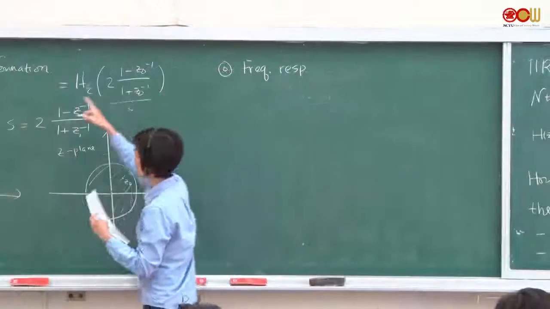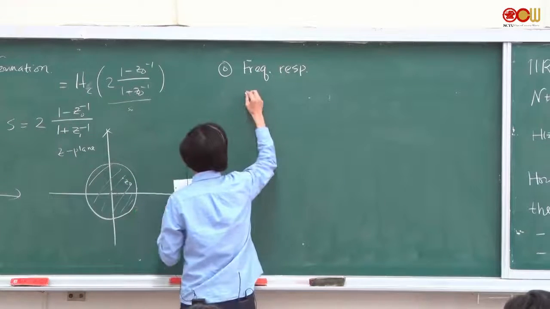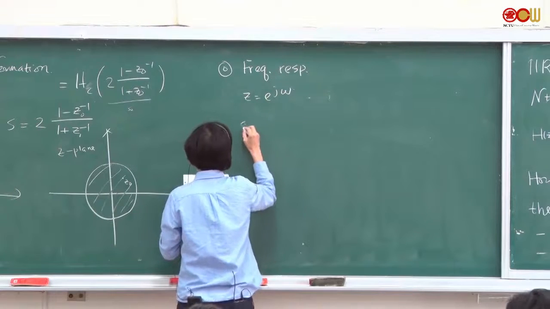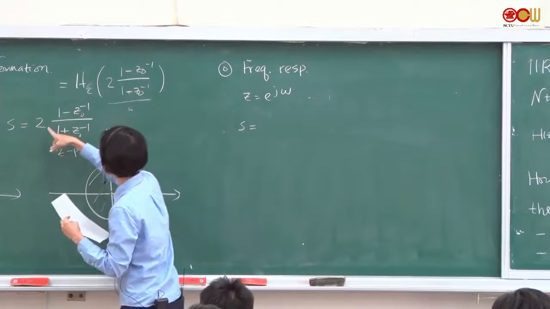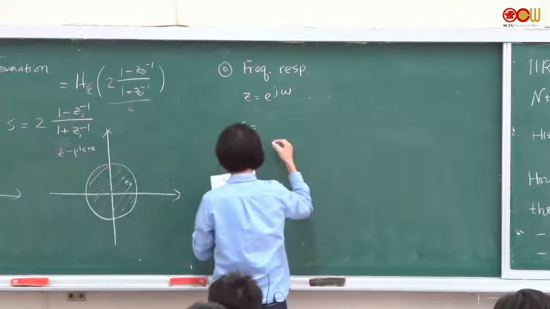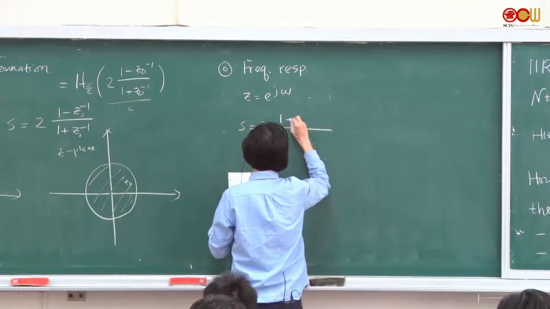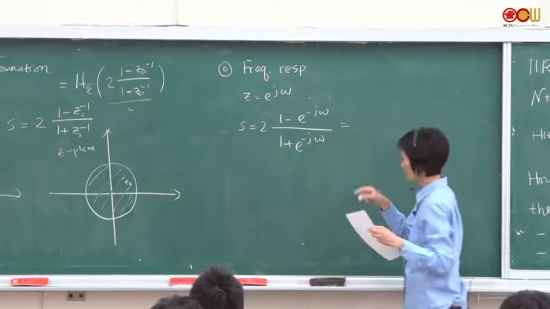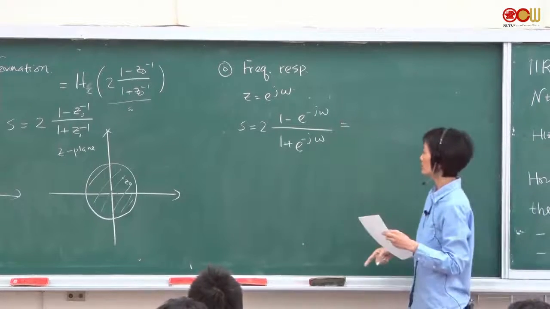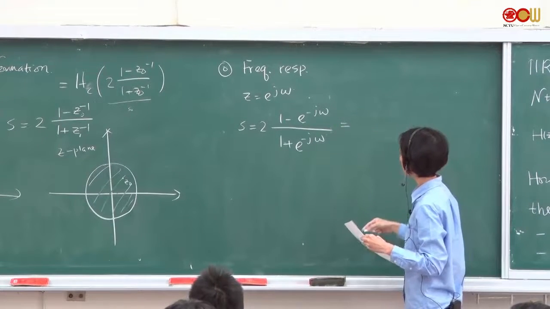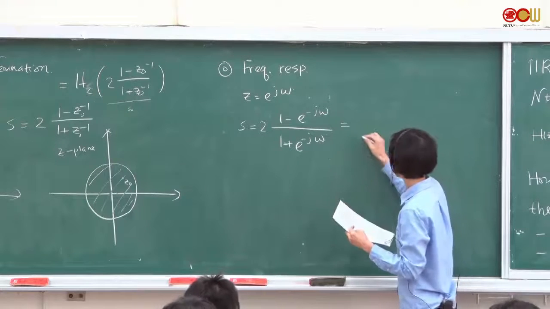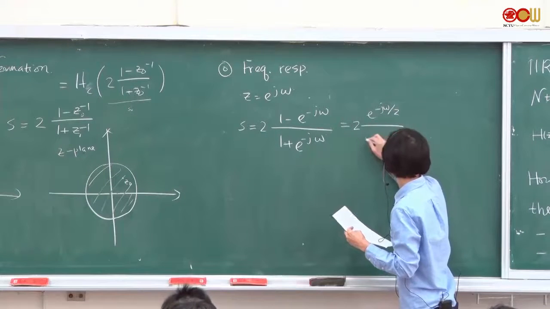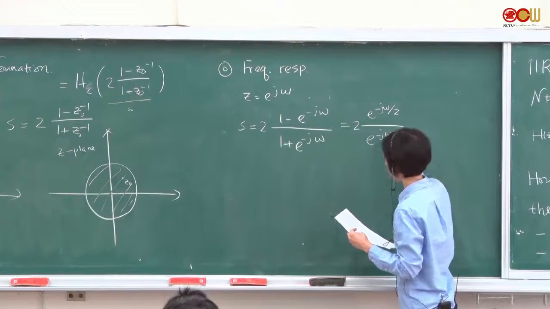For the frequency response, we would like to look at when z is equal to e^{jω}, right? So s will be, if we plug in e^{jω} here, we would get 2 times (1 − e^{−jω}) over (1 + e^{−jω}). And let's rearrange this so that it will look more agreeable. Let's pull out half the angle at the top and half the angle at the bottom.